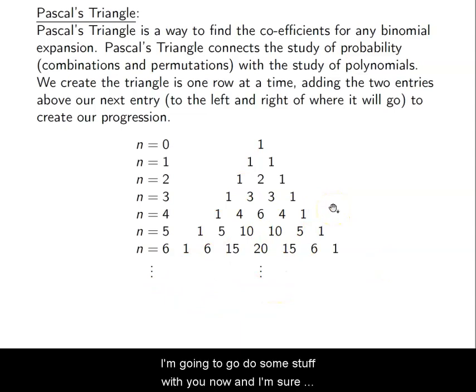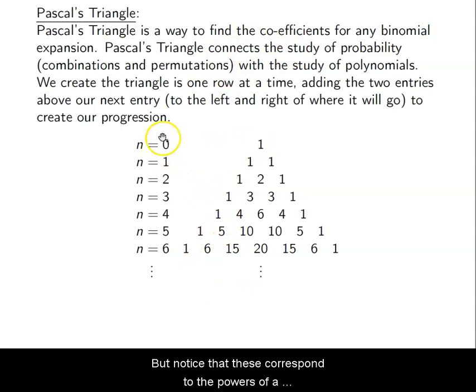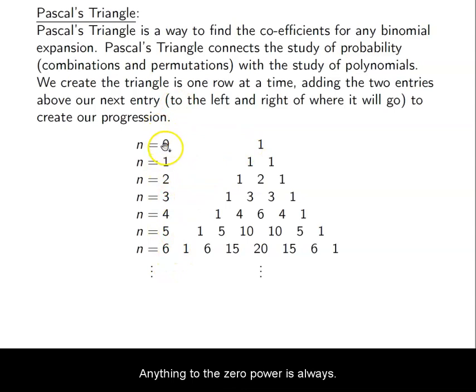Now, I'm going to go over some stuff with you, and I'm sure it'll be repeated in a paragraph somewhere. But notice that these correspond to the powers of a binomial expansion. Anything to the 0 power is always 1. If I have, let's say, x plus 1 to the first power, that's x plus 1.